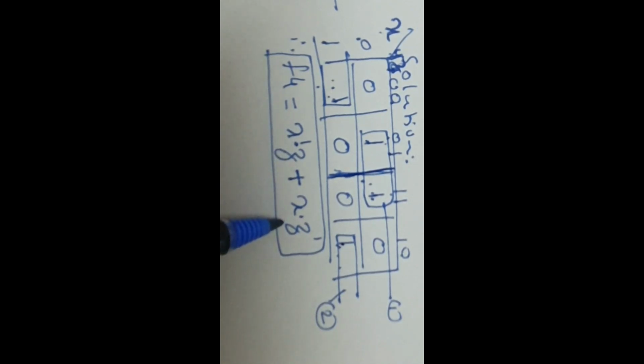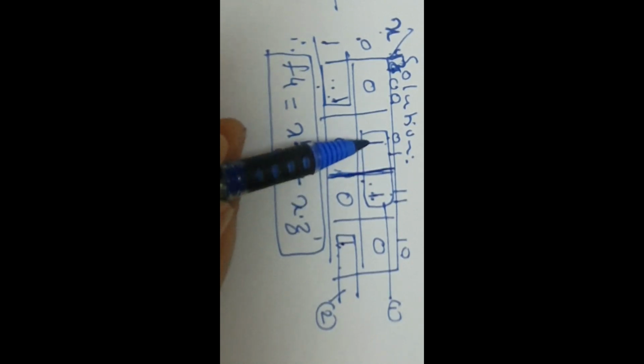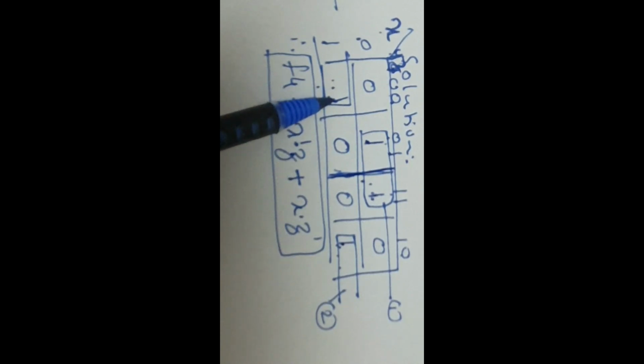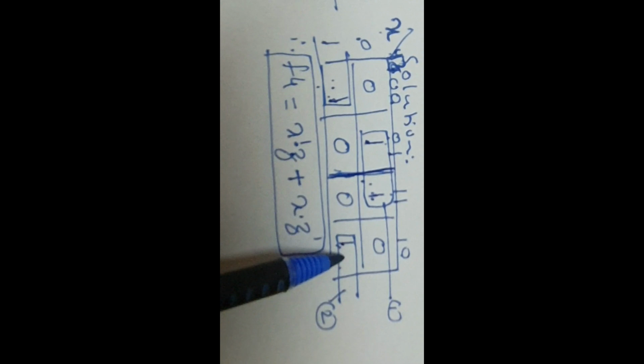Hence both are essential prime implicants. Because this prime implicant, if you take X dash Z with respect to group 1, so this one is covered only in this group. Here with respect to second group, this one is covered only in this group. And the resulting prime implicants will be essential prime implicants.